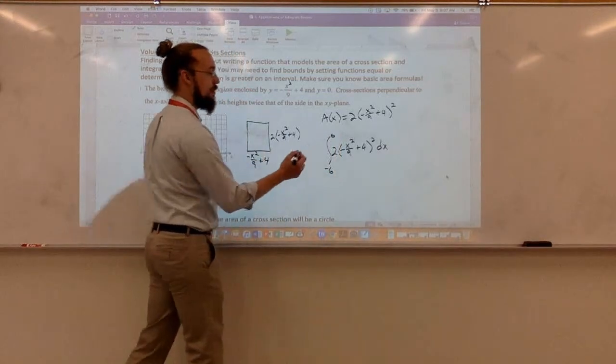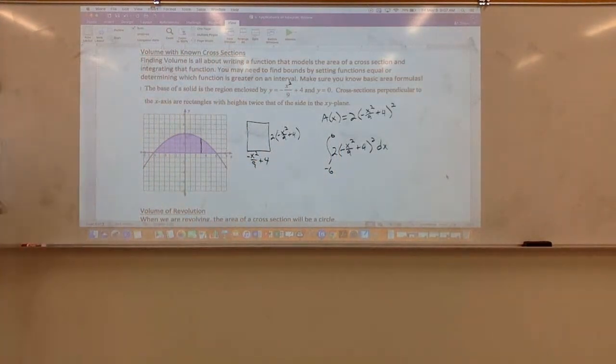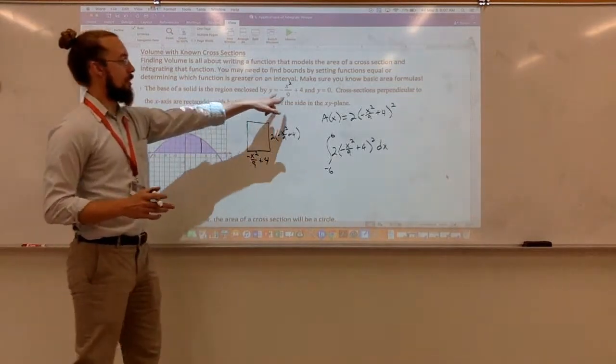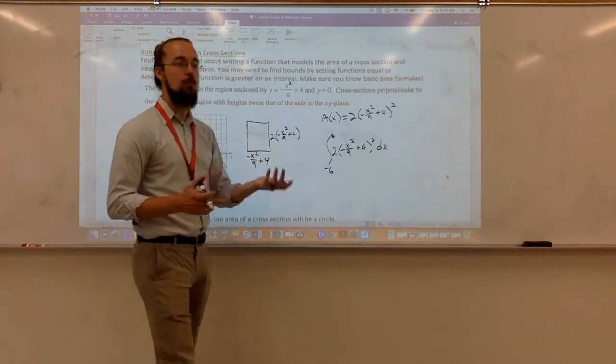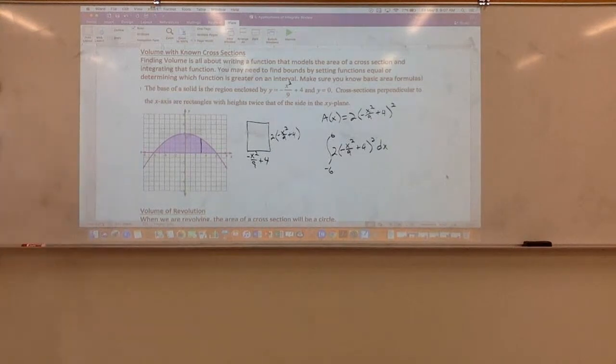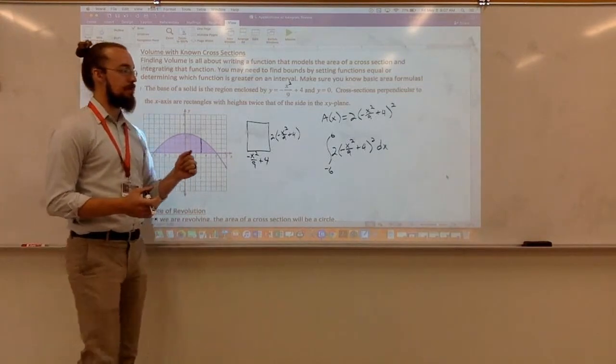If I didn't have a graph, how would I figure that out? Well, both of them equal 0. Yeah, set negative x squared over 9 plus 4 equal to 0. Solve. So I would subtract 4, multiply by negative 9, we get x squared equals 36. We would get negative 6 and positive 6.